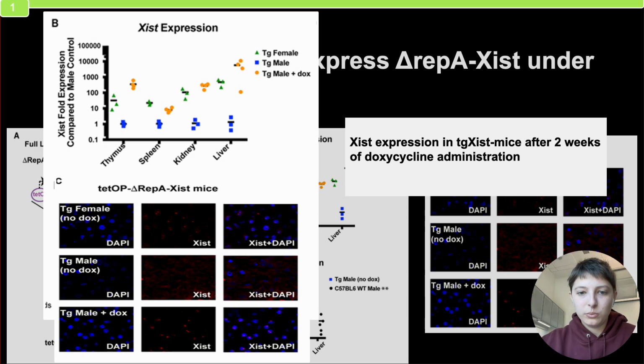So, cool. We have a good setup. We have this mutant strain. We know that it's expressing Xist. We know that where it's inserted is not affecting the chromosome that it's inserted at, and so we have a good baseline. That's basically what this figure is saying.